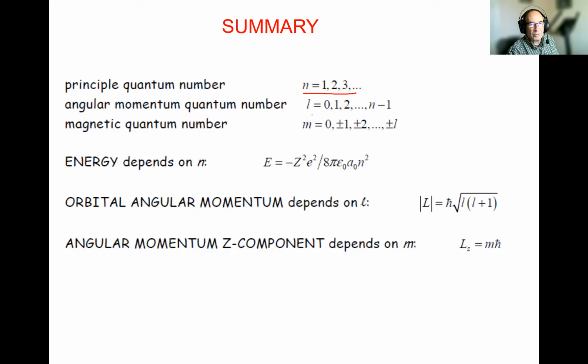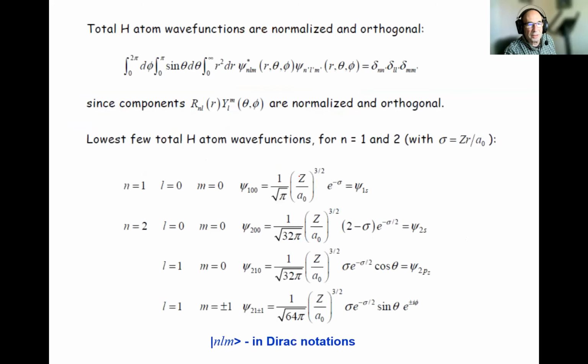For atoms, we have 3 quantum numbers and then spin, which we didn't talk about. And so the energy as well as orbital behavior of electrons are all quantized in this way. We also know how the wave functions of these orbitals look. For hydrogen, they have these mathematical forms.